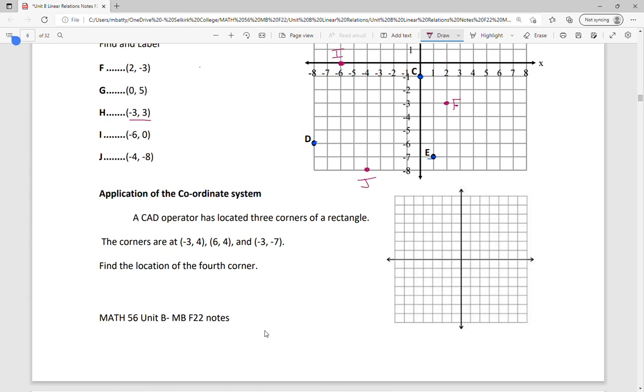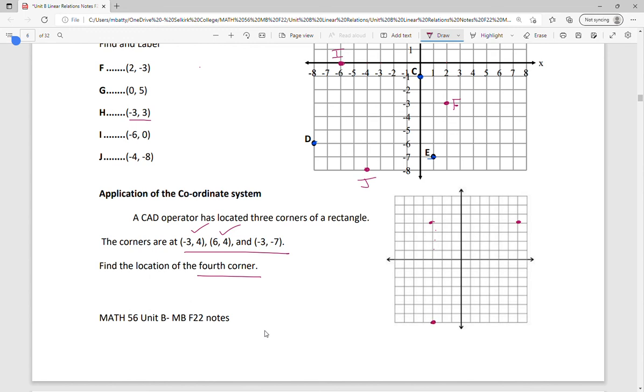There's no tricks. So this one says we've got 3 locations. What's the 4th? And so what I'm going to do is put these on the map here. So I've got the first one on, the second one on. I'm working on the third one now.